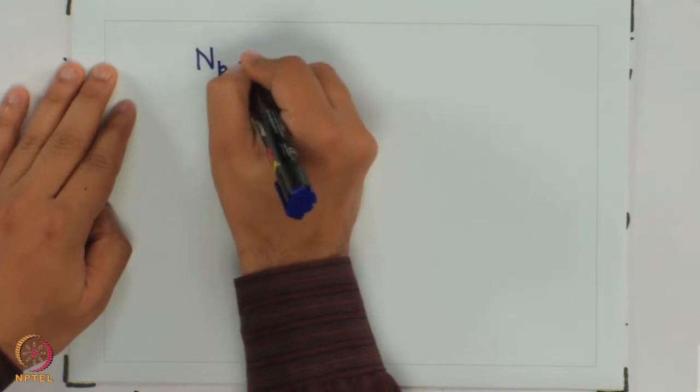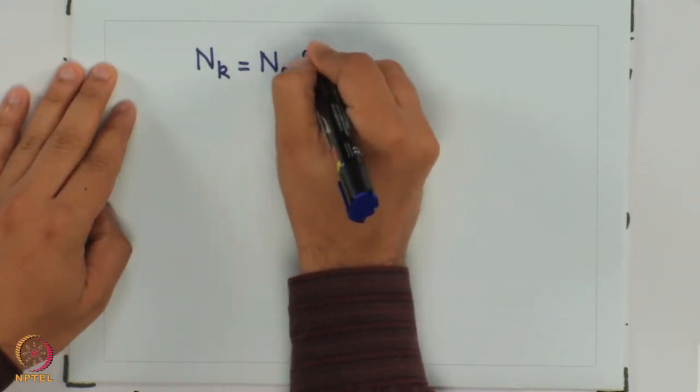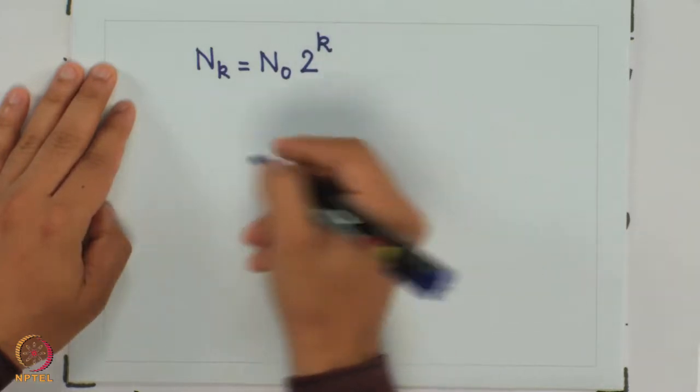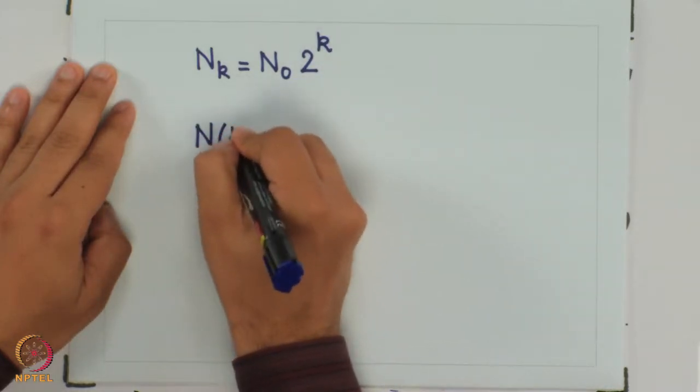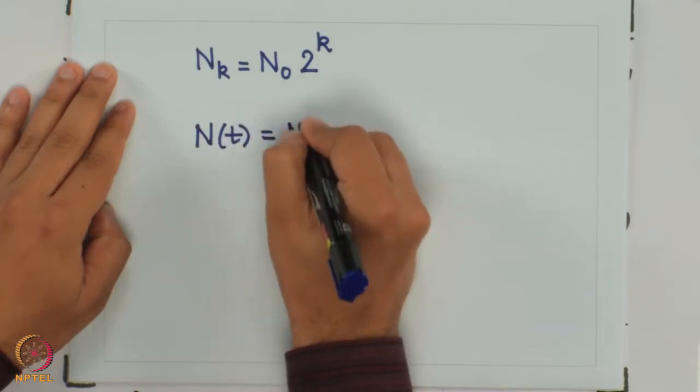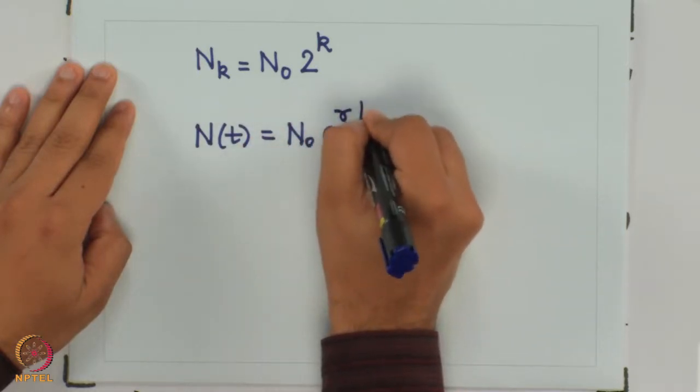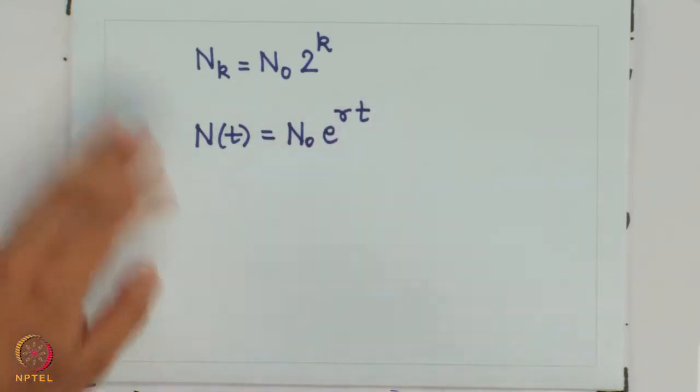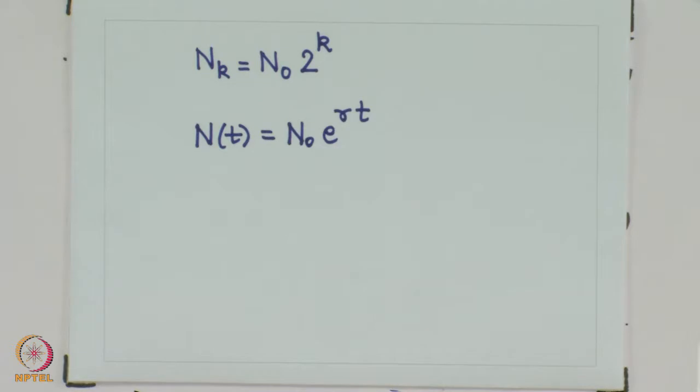We want to understand one or two more things associated with this. One is, what have we not captured here? In this formulation of either N after k generations is equal to N0 times 2 to the power k, where k is the number of generations, or the other formulation which said N(t) is equal to N0 times e to the power rt, where r is the growth rate and t is the time for which growth has happened, a question you should ask yourself is: what are the mechanisms of growth that we have not captured in these two formulations?